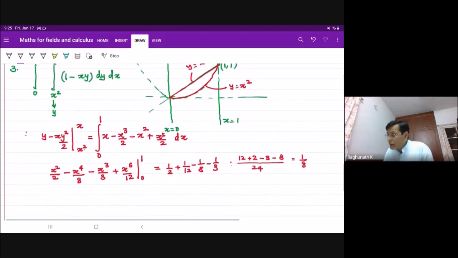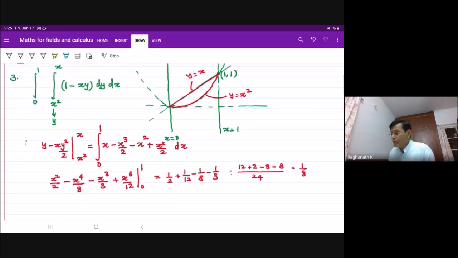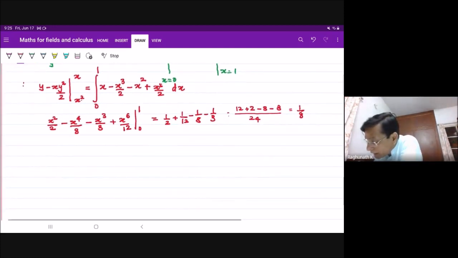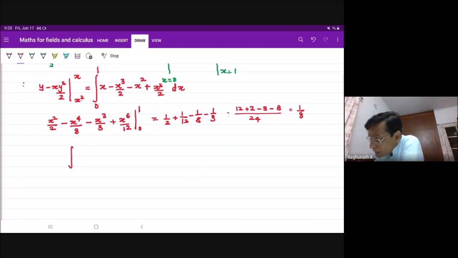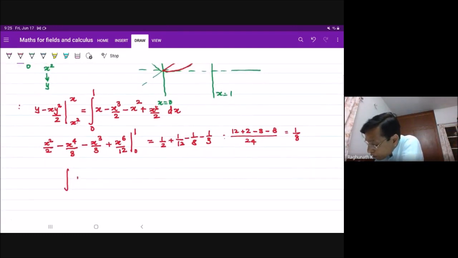What is this? If I change the order of integration, you have to take the strip which is horizontal. Everywhere it is from this end to this end only. X is equal to y to x is equal to root y. Correct? Y to root y, integral of function is 1 minus xy.